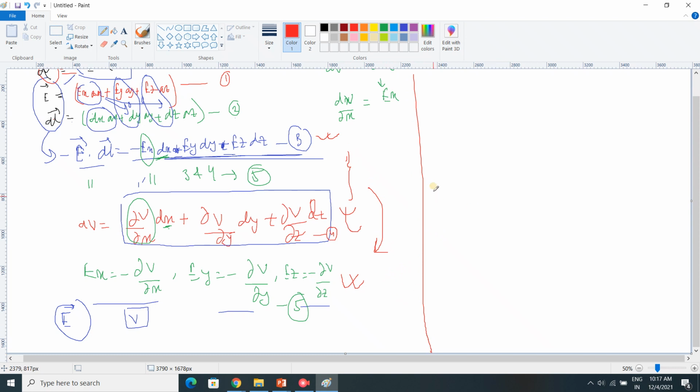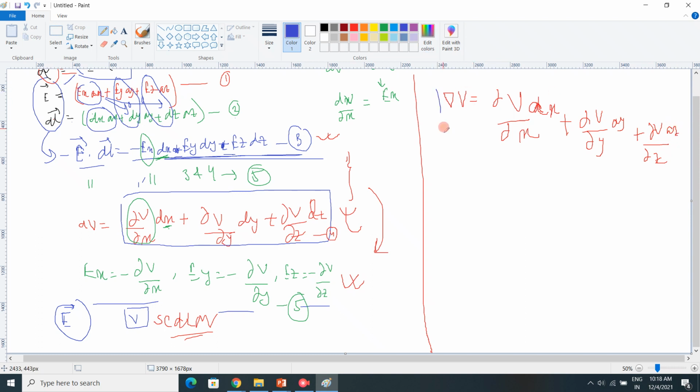Now, if this is equation number 5, suppose I want to find the gradient of v, because v is a scalar. I want to find the gradient of v, so it will be ∂v/∂x unit vector x, plus ∂v/∂y unit vector y, plus ∂v/∂z unit vector z.